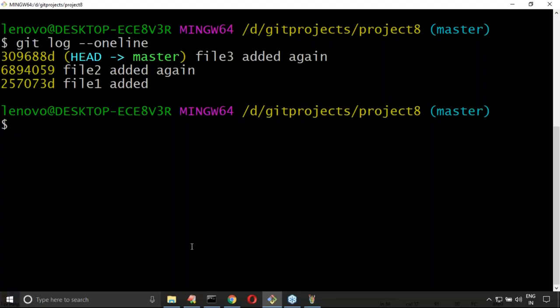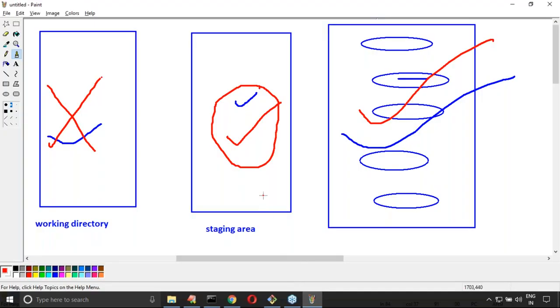If I use --mixed, from which areas will it be removed? Please confirm. With --mixed, it will remove from the local repository and it will be removed from the staging area. But now my requirement is to remove only from the local repository, not from the staging area.